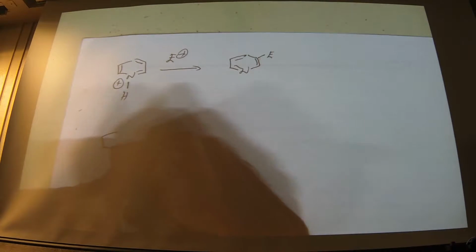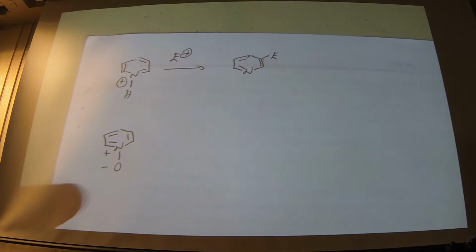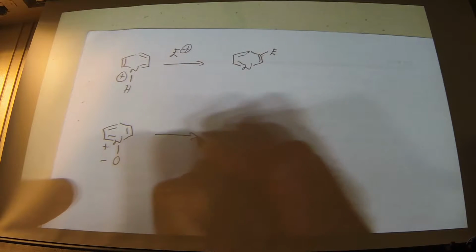The other reaction that we talked about was the electrophilic aromatic substitution of pyridine N-oxides. And we said that when you do electrophilic aromatic substitution on the N-oxide, this should remind you a little bit of the phenol. So when you see this, you should be thinking about a phenol.